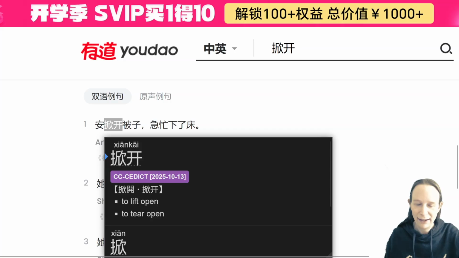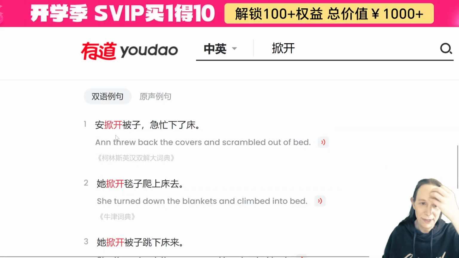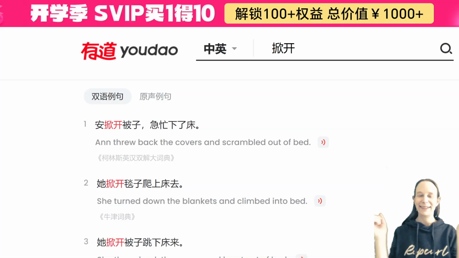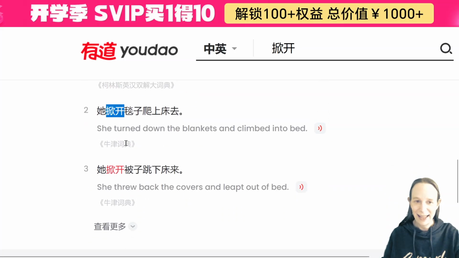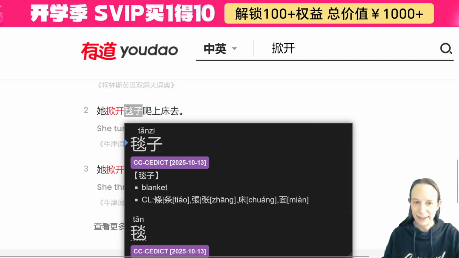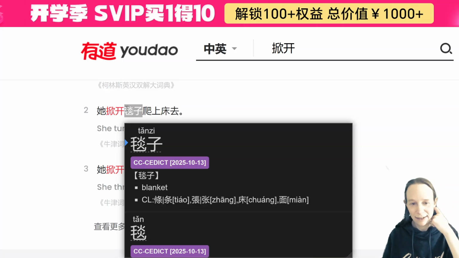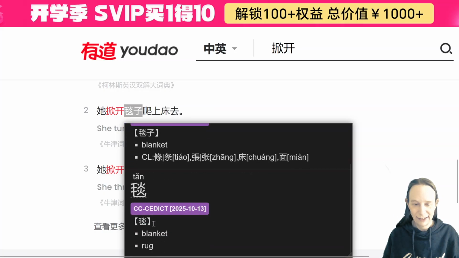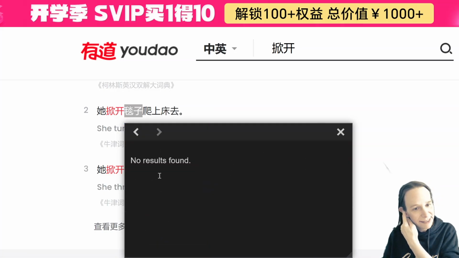So lift open, tear open. So open the blanket. 掀开毯子, like a carpet. 毯 is third tone, and it's blanket. If you put the 子, it's blanket. Is that right?